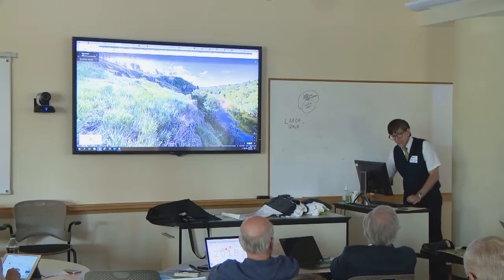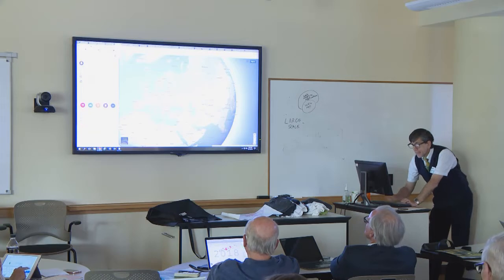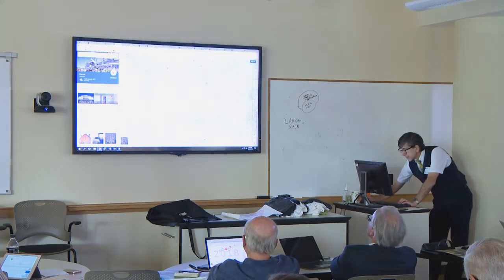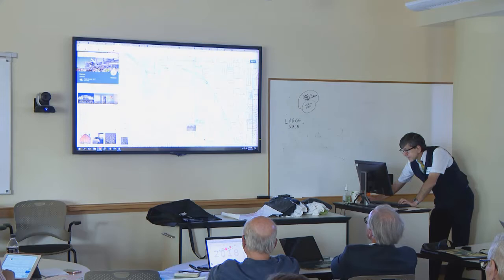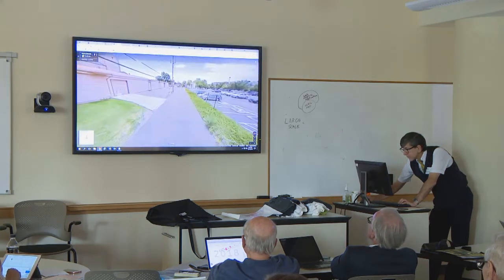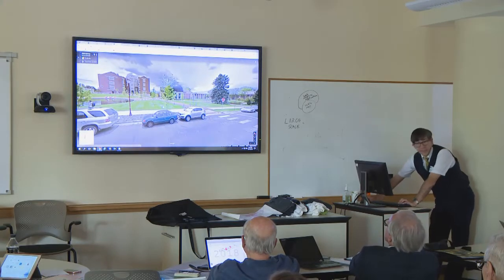By the way, before we leave Google Street View, if we go to Denver, and let's go down to the DU campus here, how about the south end of campus, right about there. So, south end of the DU campus, right?